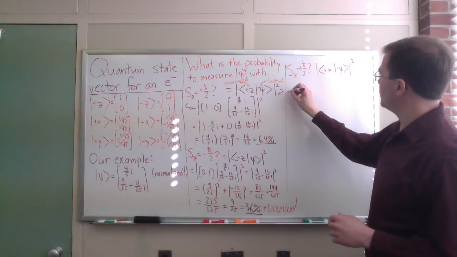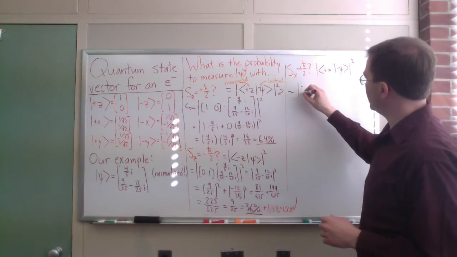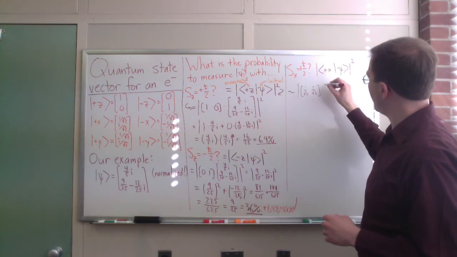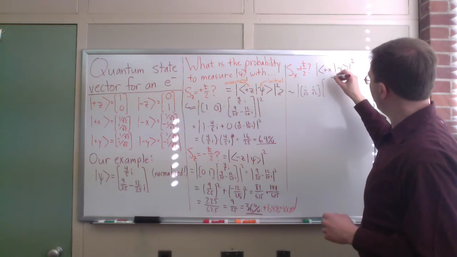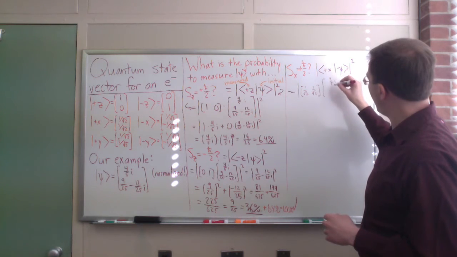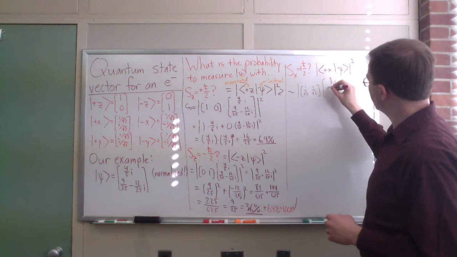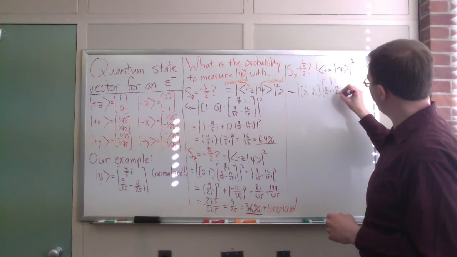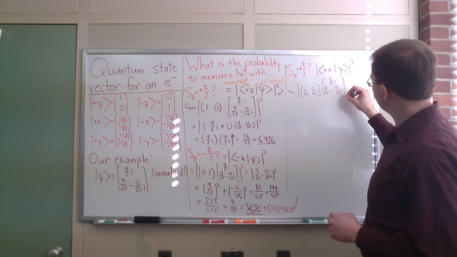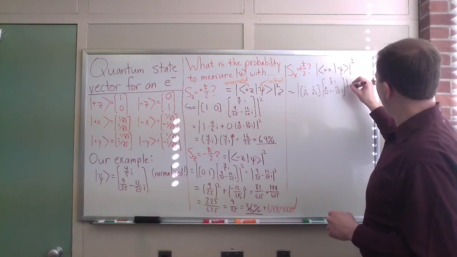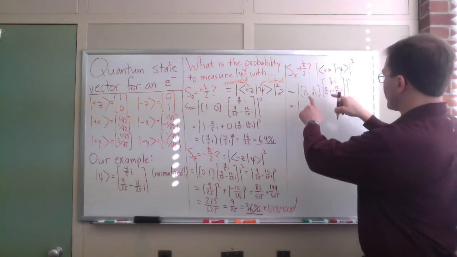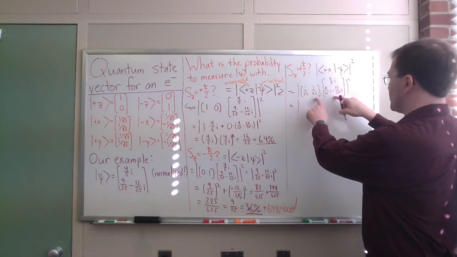So this will equal, let's see, 1 over square root of 2, 1 over square root of 2 times this ugly thing, 4/5 i, and then 9/25 minus 12/25 i, absolute square, and that equals, let's see, 1 over square root of 2 times this, plus 1 over square root of 2 times this.